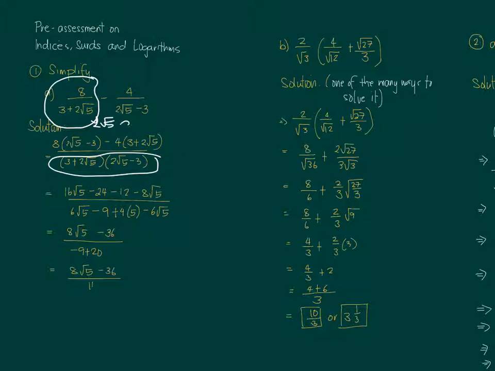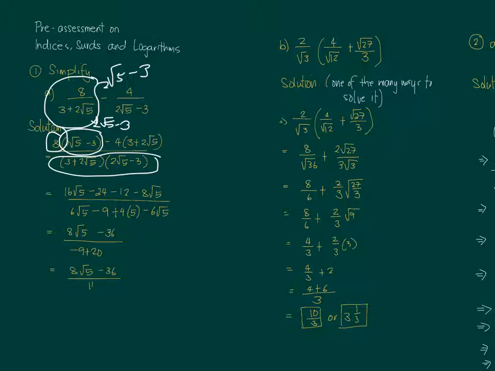So you do that here, and then you also do that in the numerator. So that is why you see the 8 being multiplied to 2 square root of 5 minus 3. That's how this was obtained.